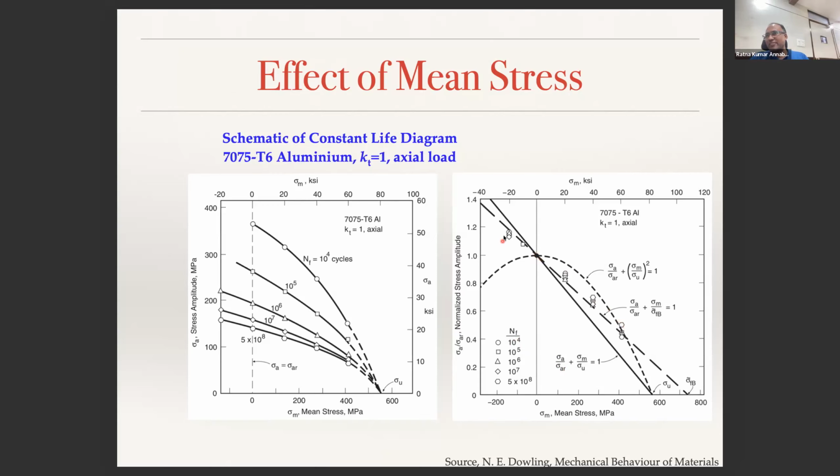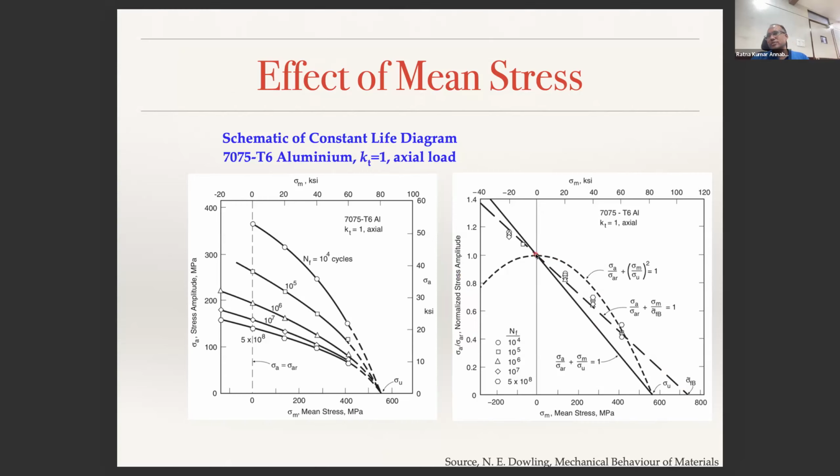The data points collapse. Instead of in this plot, if I say sigma m is this and sigma a is that, then when I normalize sigma a, all these points will converge to one value. Here I have given the complete plot without normalization.